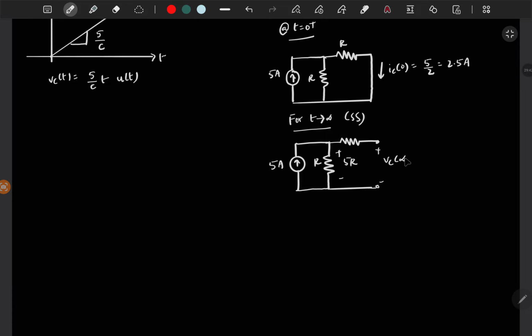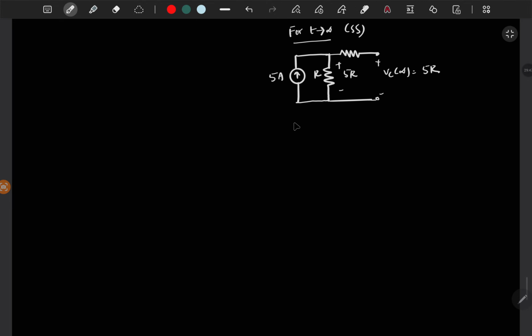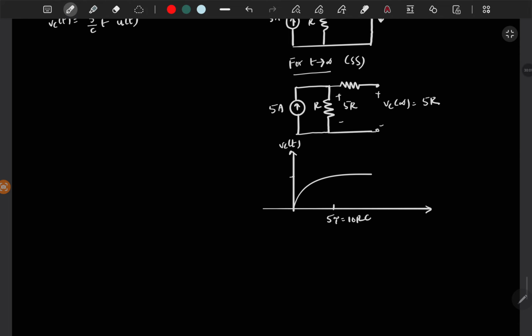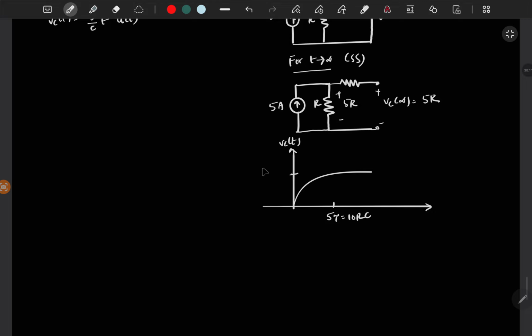So this is Vc of infinity is 5 R. So you will get exponential charge from 0 to 5 R, and this is in 5 time constants, which is 10 RC. And the final value is 5R.